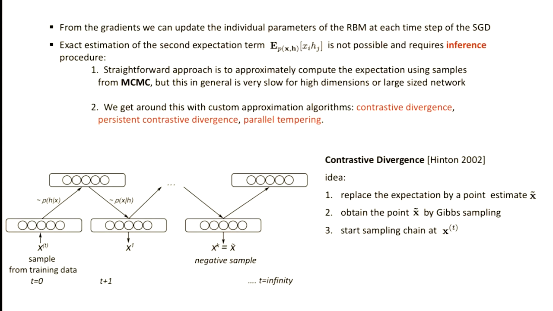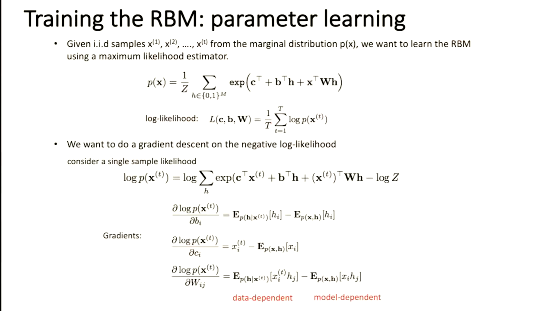You need to sample over an infinite MCMC chain in order for that to converge to the true data distribution, which is typically not feasible. So Hinton in 2002 introduced this formulation, also talked about briefly in the first part, called contrastive divergence. This contrastive term comes from this expectation.